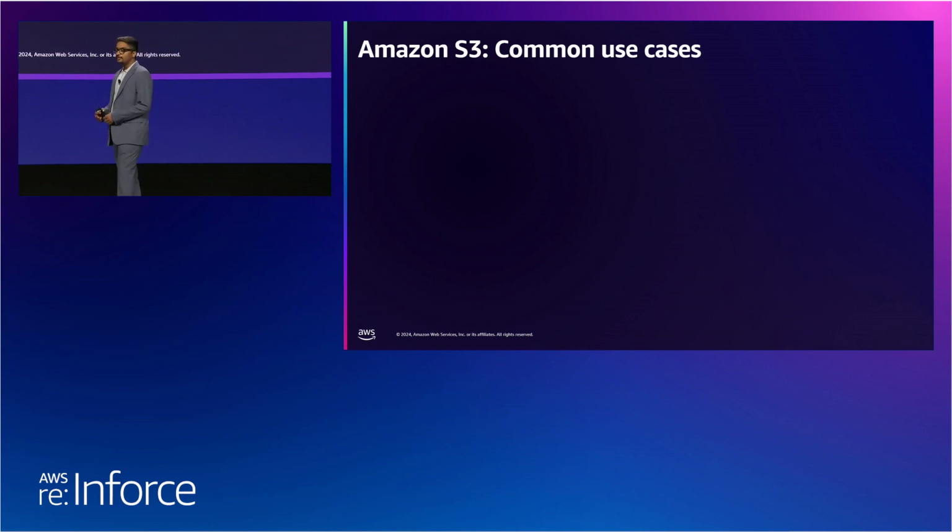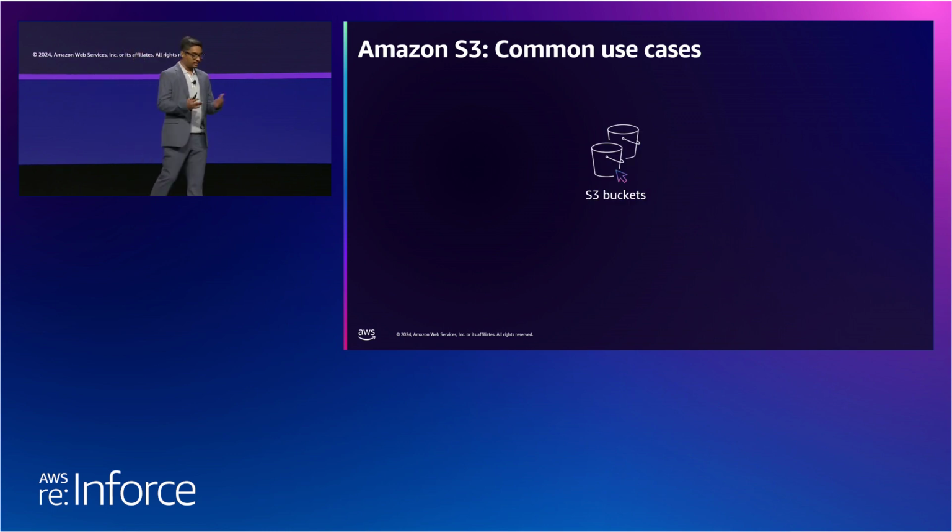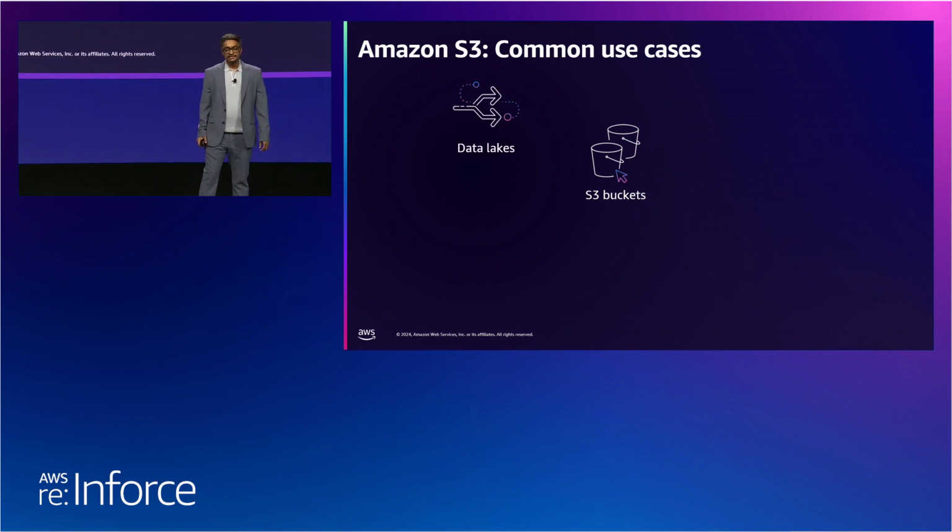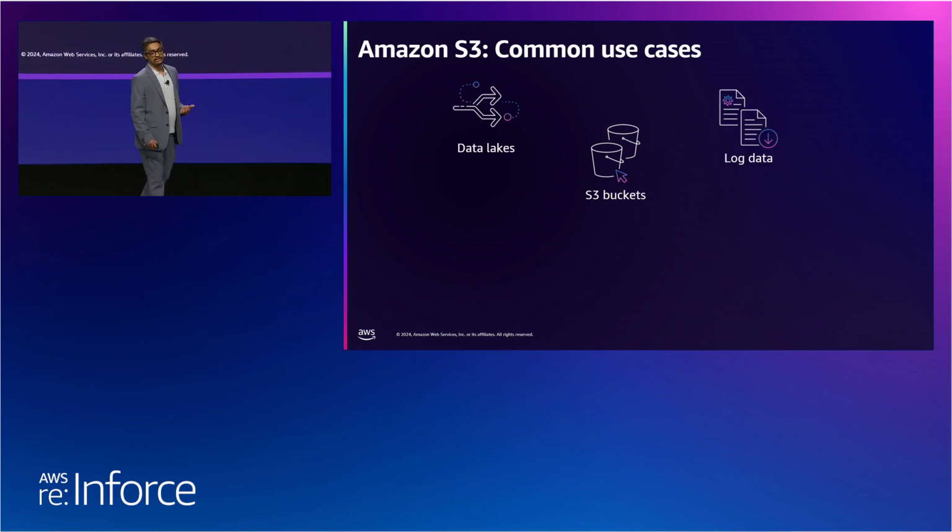Before we dive deep into the details around this new feature that we launched, let's look at some of the use cases for which we see S3 used by customers across the industries. We see S3 used for implementing data lakes. We see customers using S3 to store log data.